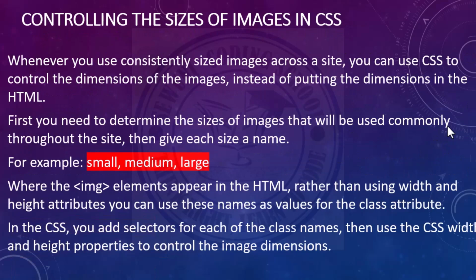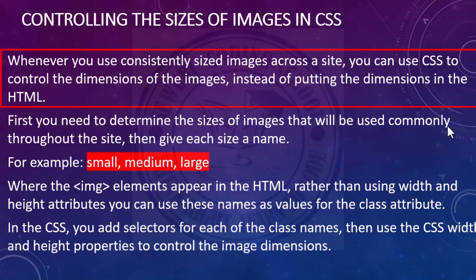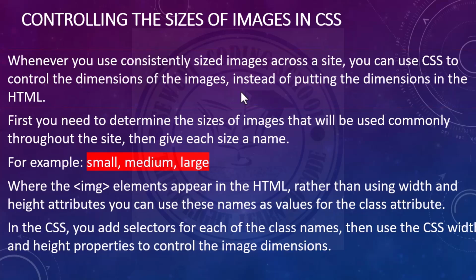Whenever you use a particular size image consistently across a website, you can use CSS to control the dimensions of the images instead of putting the dimensions in the HTML. You will have to determine the sizes of images that you are going to use throughout your site.